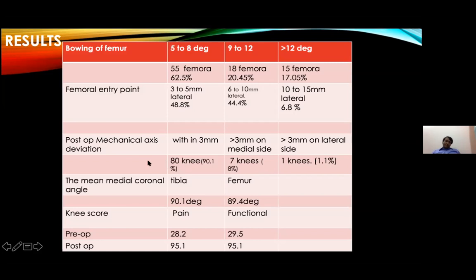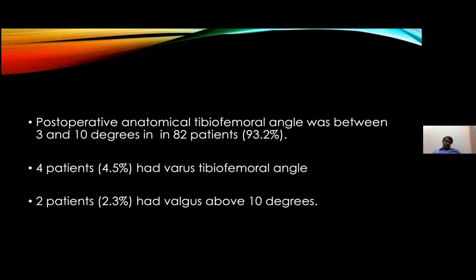So in almost 90% of cases, your alignment is reasonably good, with good pre-op and post-op functional scores. As I told, 4.5% are at a varus tibiofemoral angle, 2.3% valgus, and in 93% of cases we are able to get reasonable alignment.